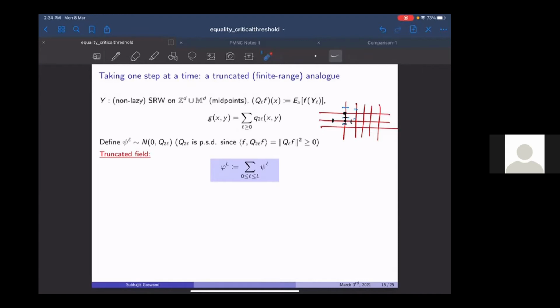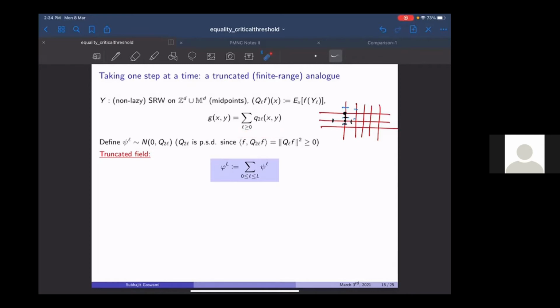Good. So what does it mean? Remember, for the sum of independent Gaussian fields, the covariance matrix of the sum is the sum of the individual covariance kernels. So here you go.